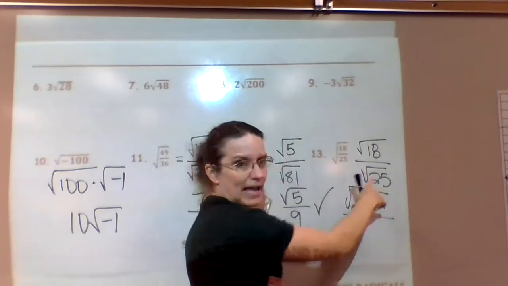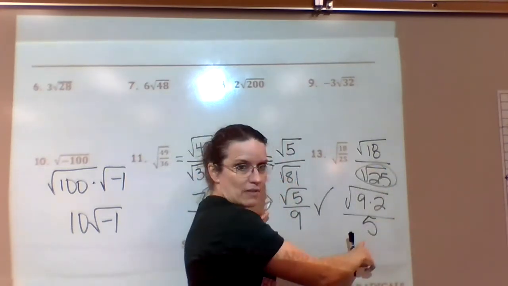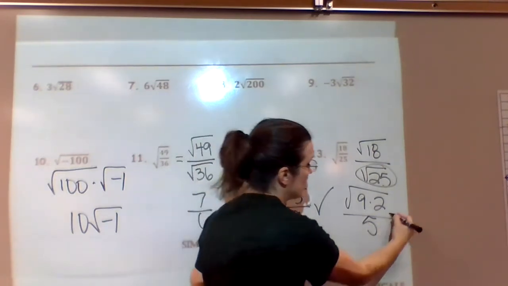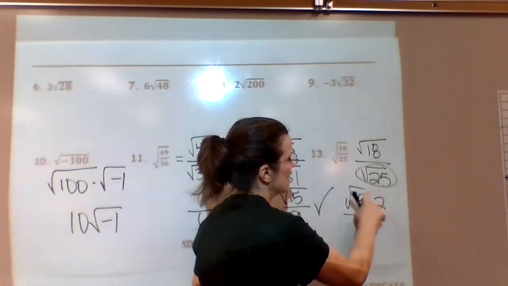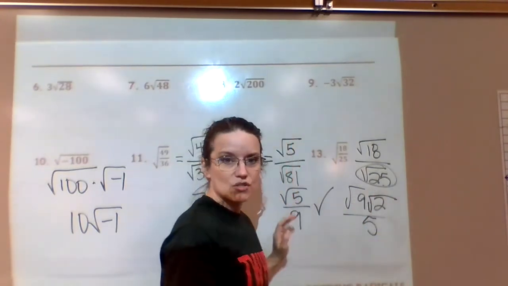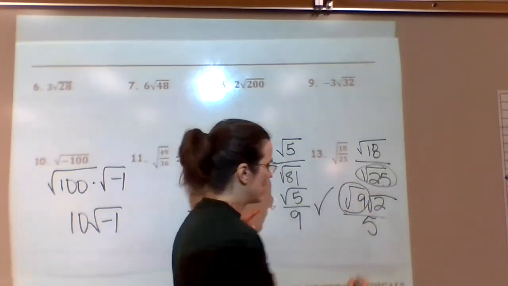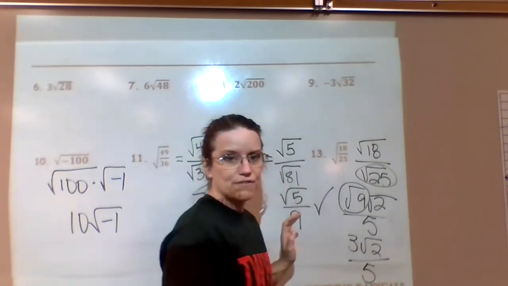And on the bottom, I already know that that's a perfect square, so I have a 5 on the bottom. I'm going to keep simplifying, and I go, oh wait, the square root of 9 times 2 is the same as the square root of 9 times the square root of 2. And now I do have that perfect square, and I have 3 square root of 2 over 5.